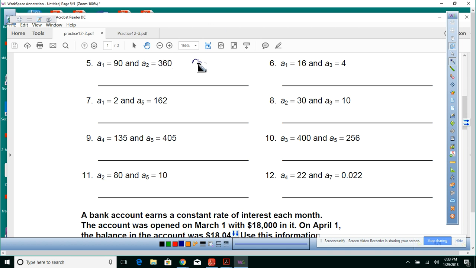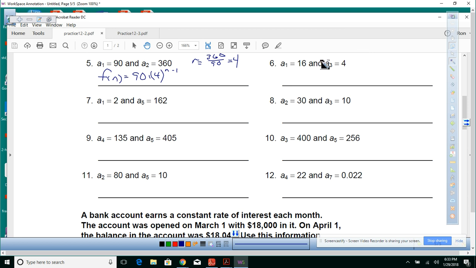So r will equal 360 divided by 90, which is 4. So I have f of n equals 90 times 4 to the n minus 1. All right.